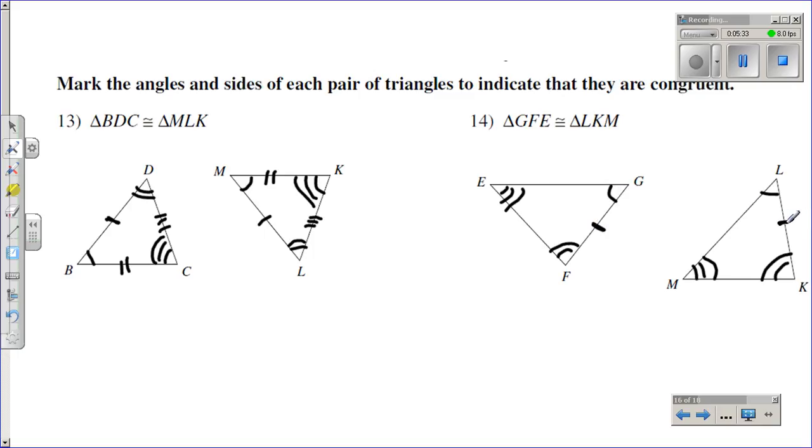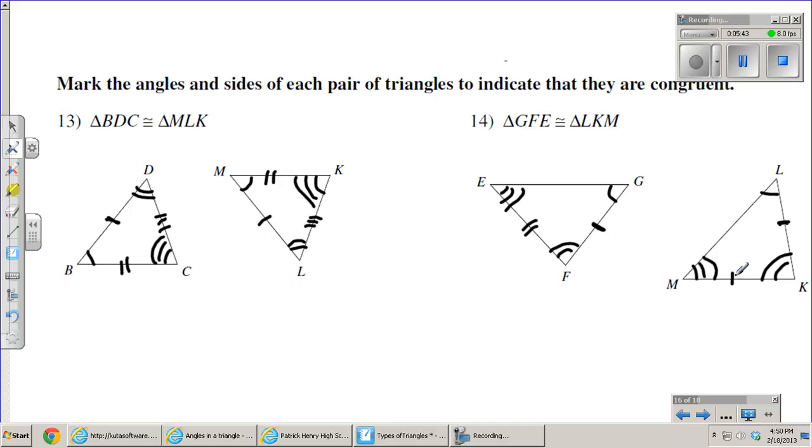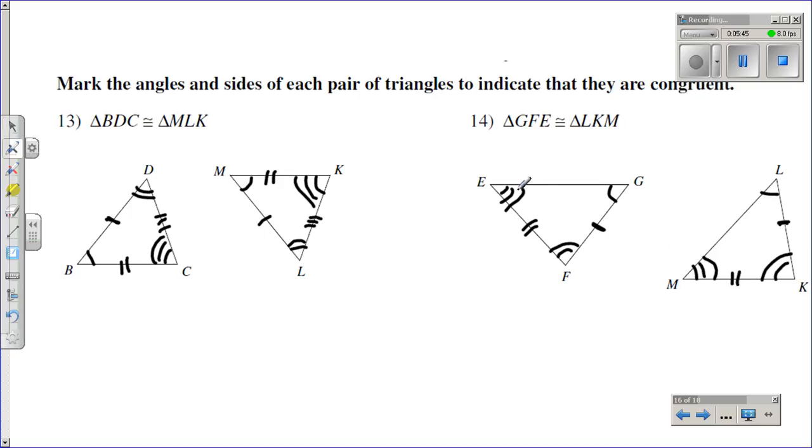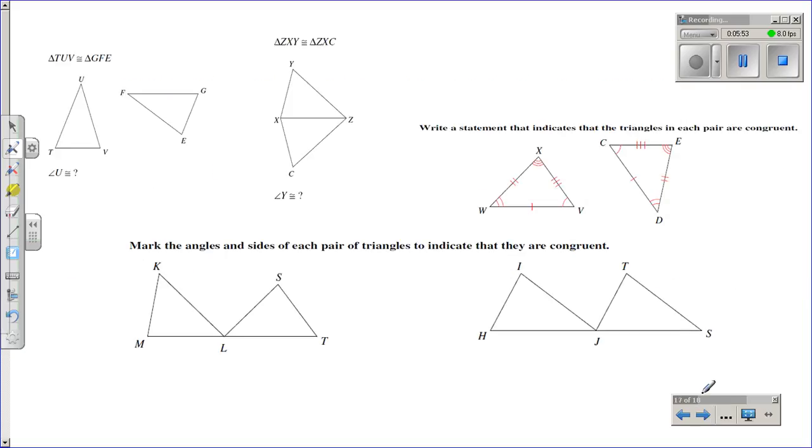Between 2 and 3, we'll put 2. Oops. And between 3 and 1, I get 3 marks on this one. So there you go. That's how these are marked the same.